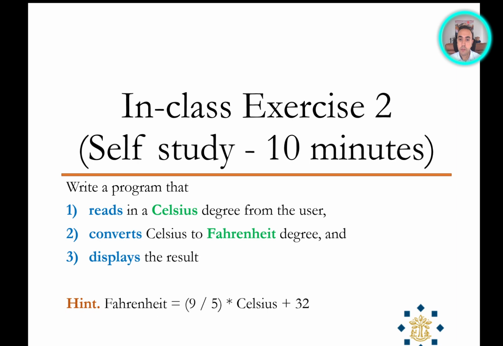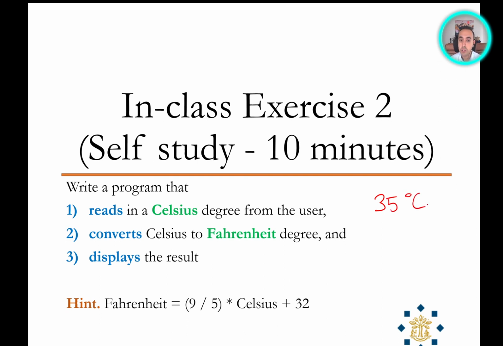So we have another exercise. The first exercise we did was together. So this is a similar one. It goes, write a program that reads in a Celsius degree from the user. So for instance, 35 Celsius.